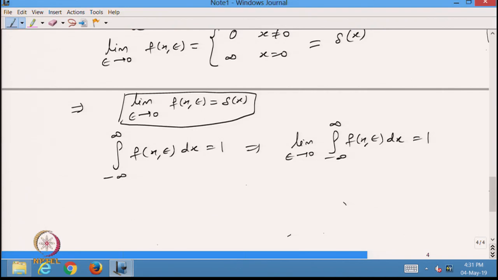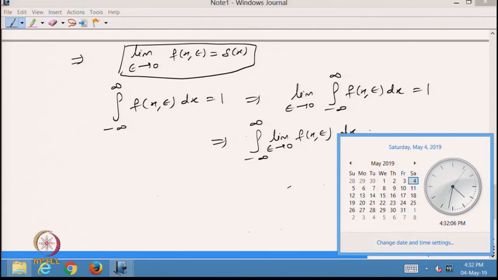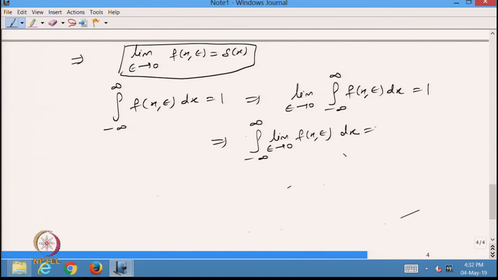By the Leibniz rule I can take the limit inside, so this will be the integral from minus infinity to infinity of the limit of f x epsilon dx, and that is 1.